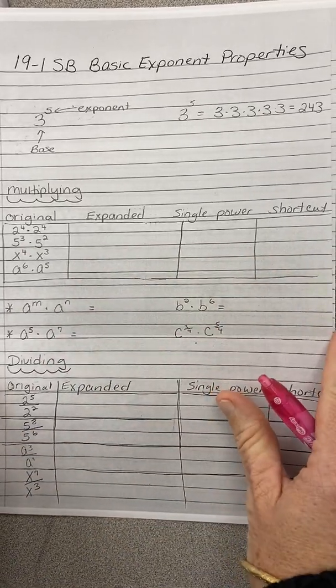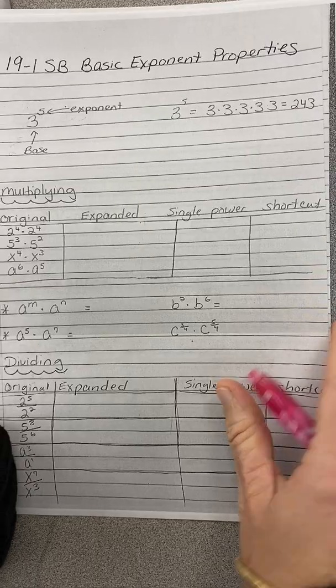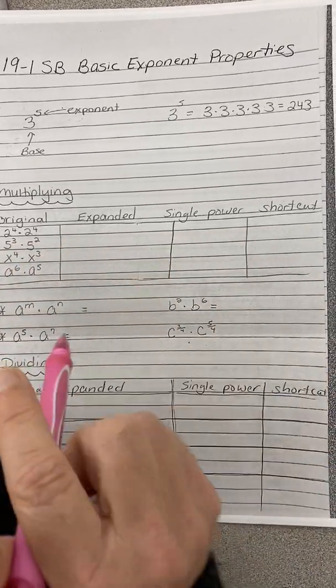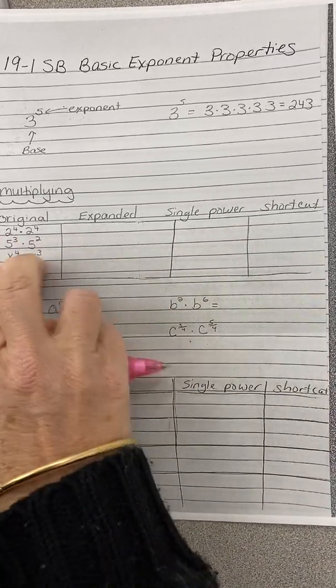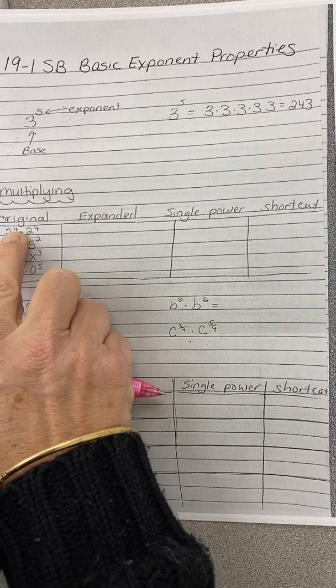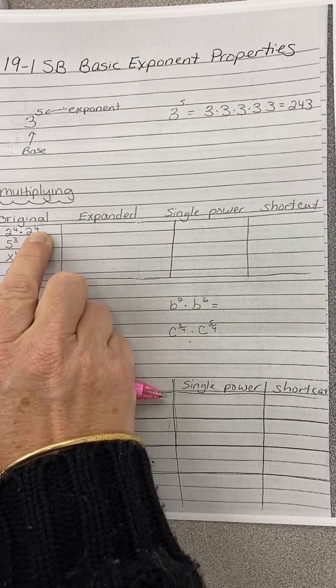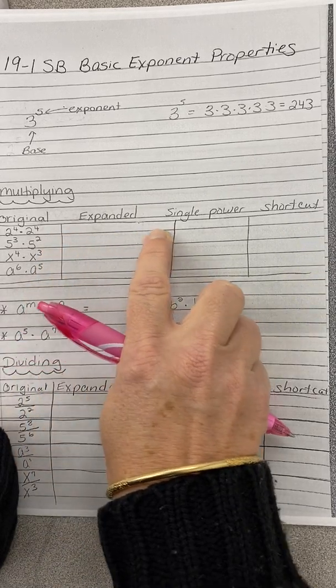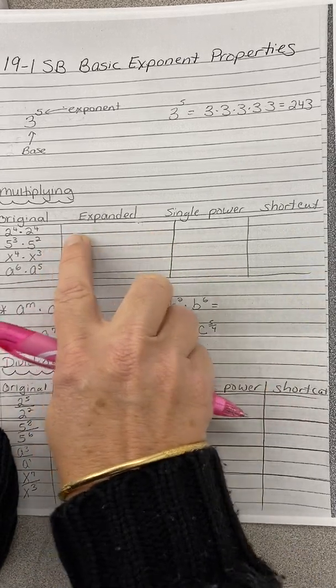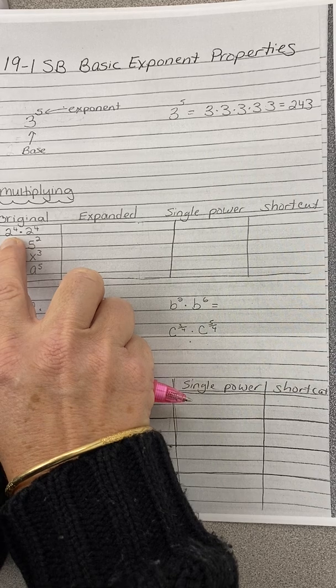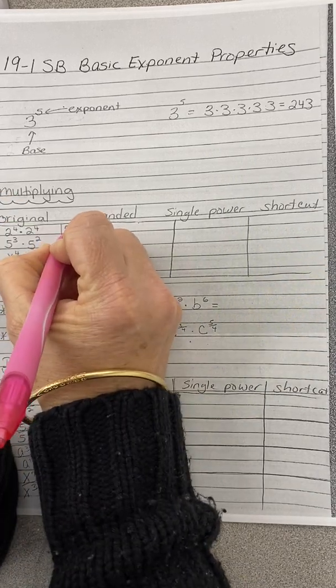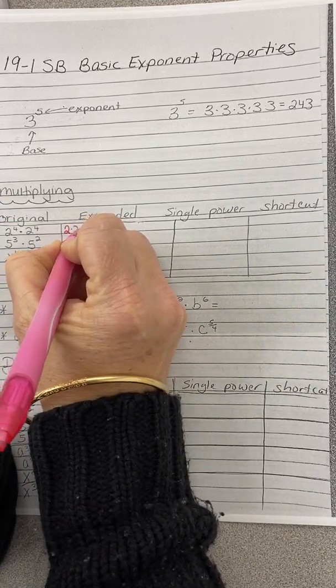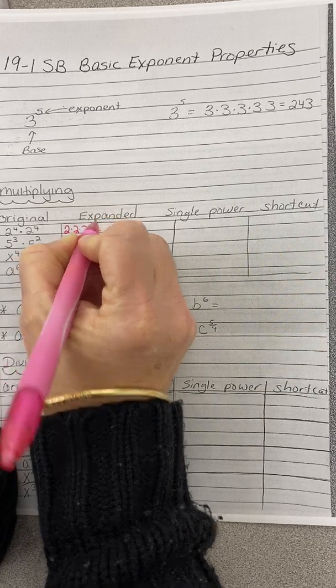Okay, so now I'm going to show you how to do this, and writing this chart is going to kind of explain it all. The original form, so if my original problem was 2 to the 4th power times 2 to the 4th power, what in expanded form, and we don't always do expanded form, but it kind of helps you at the beginning to see what's going on. This is saying 2 to the 4th power, so that's 2 times 2 times 2 times 2, right?